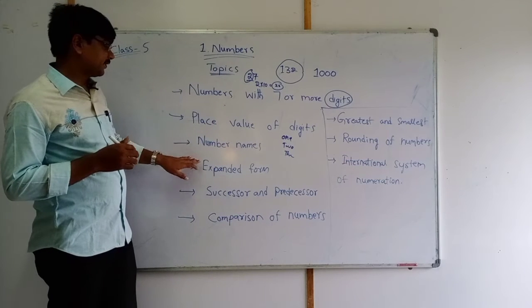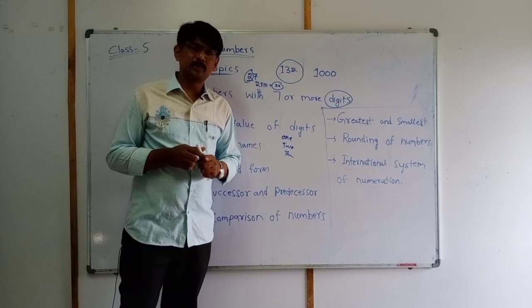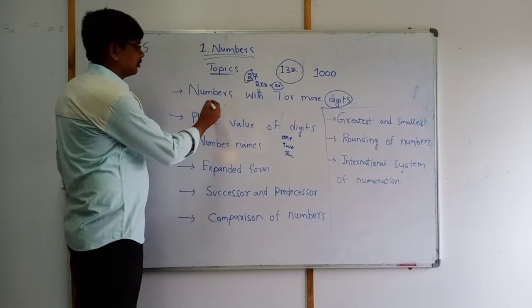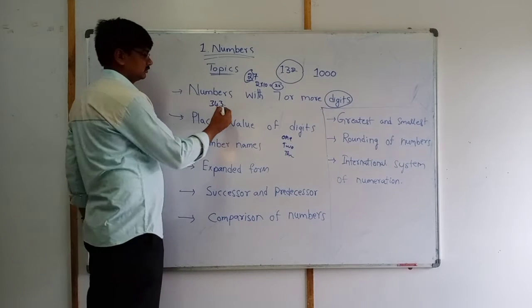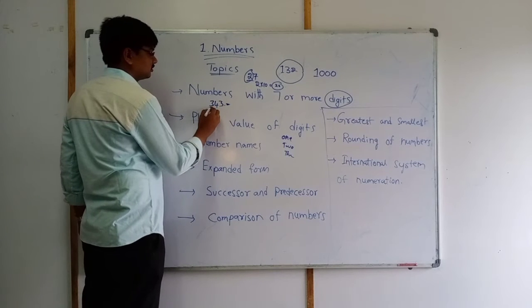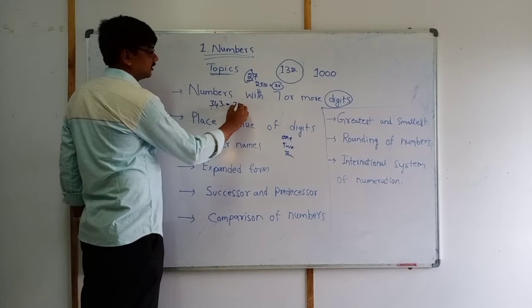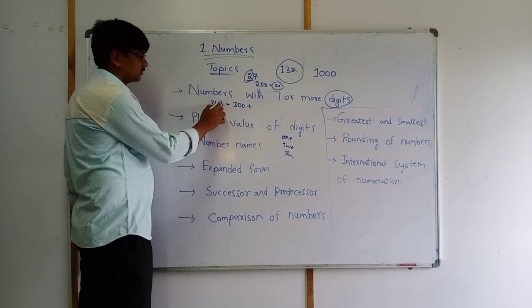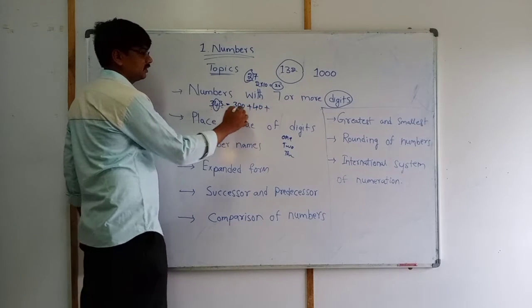Next, expanded form. Do you remember what is the expanded form? For example, 343 given, that is equal to ones, tens, hundreds. So 300 plus, ones, tens, then 40 plus what is here? 3.